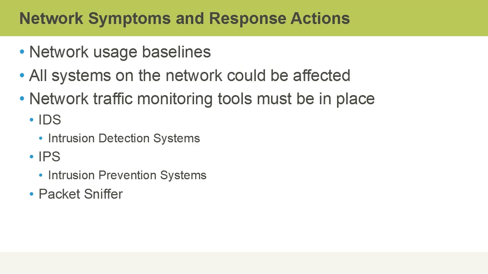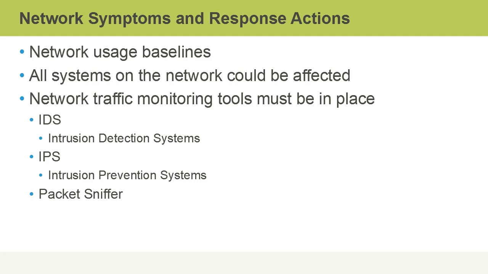Where an intrusion prevention system does take steps to prevent suspicious activity from continuing. Now, naturally, IDSs and IPSs need to be configured or quote unquote trained over time to determine what is suspicious.